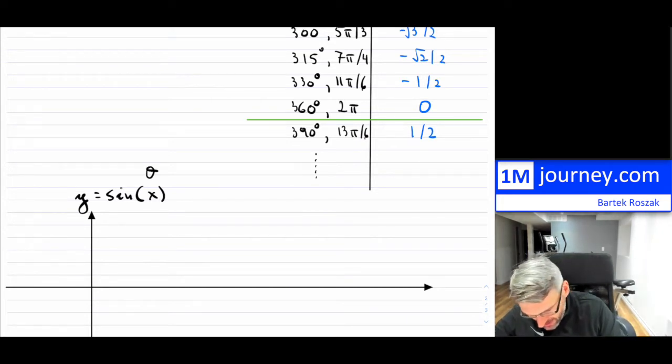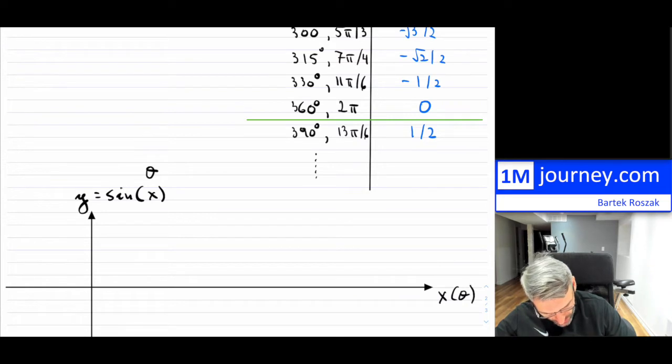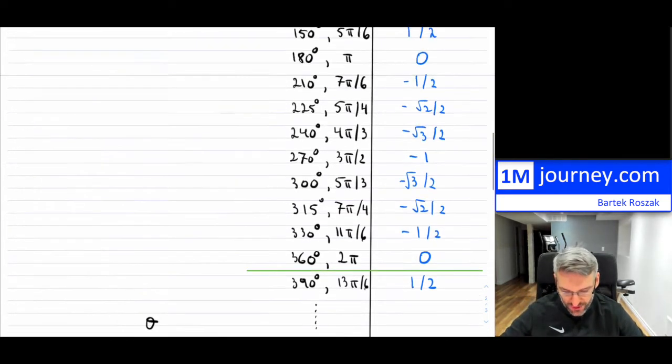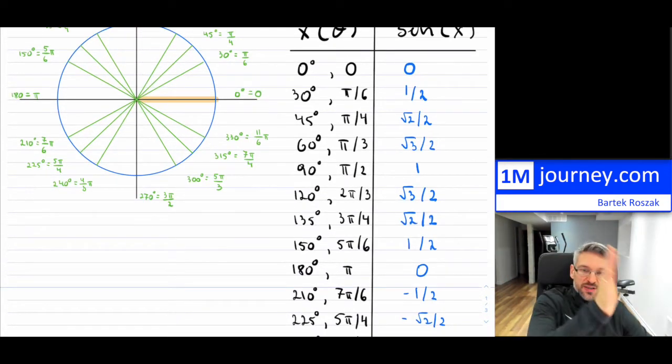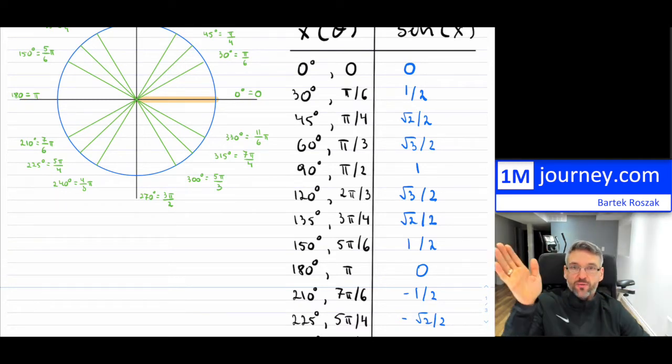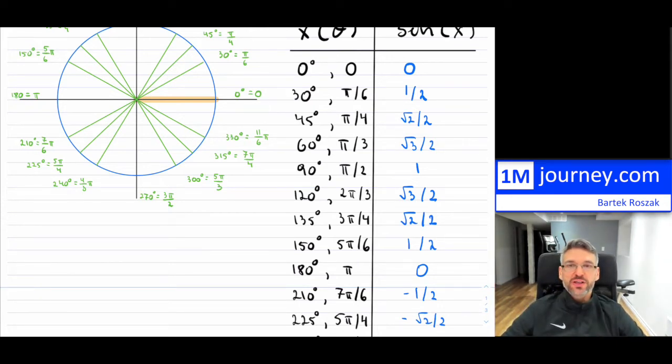If this is my x, or my angle theta, I start plotting these values for x. I can designate these as 0, 30, 45 degrees, 60 degrees, or I can put them in radians, so 0, pi over 6, pi over 4, pi over 3, pi over 2, and so on. I'll keep them in degrees for the moment because I feel that students are a little bit more familiar with that at first.